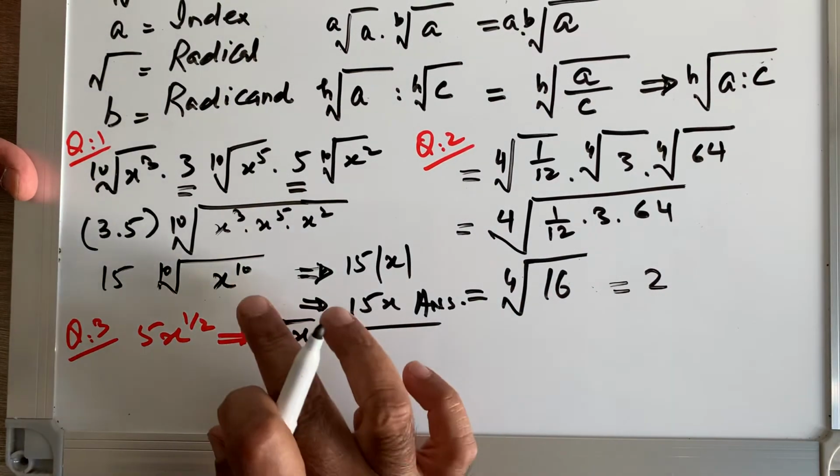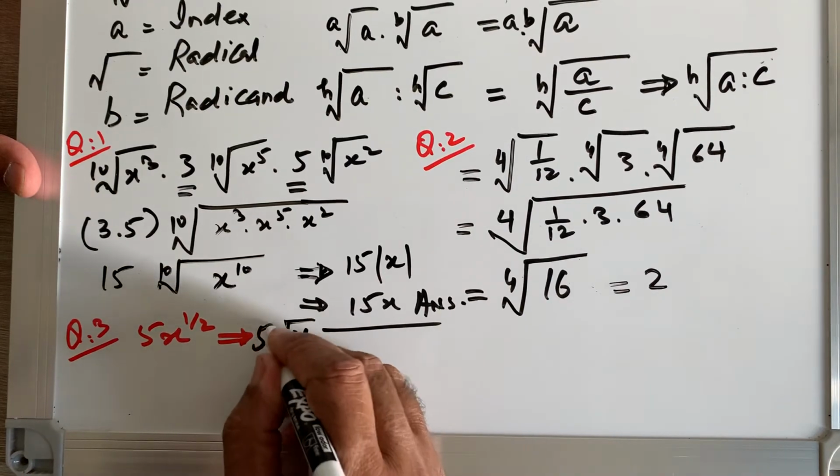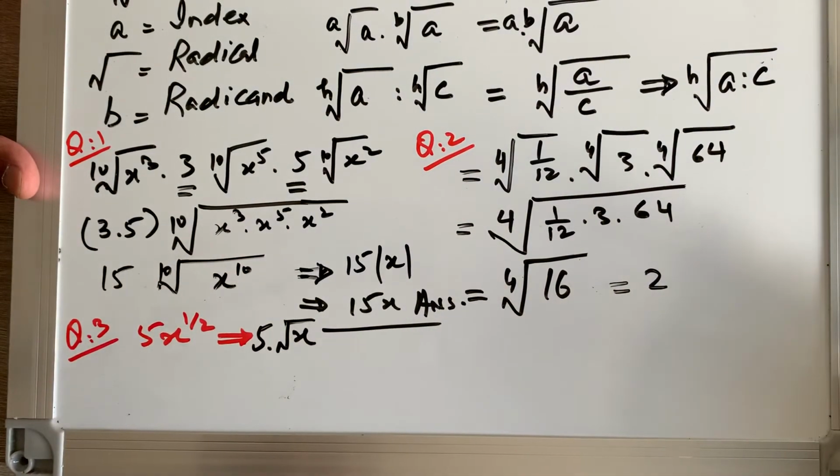So this is 5 under root x. 5 is outside the radical. You have to be careful when you write, so it's away from the radical sign. 5 is outside, right?